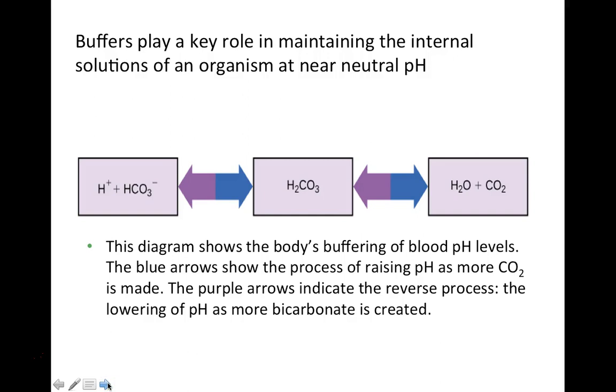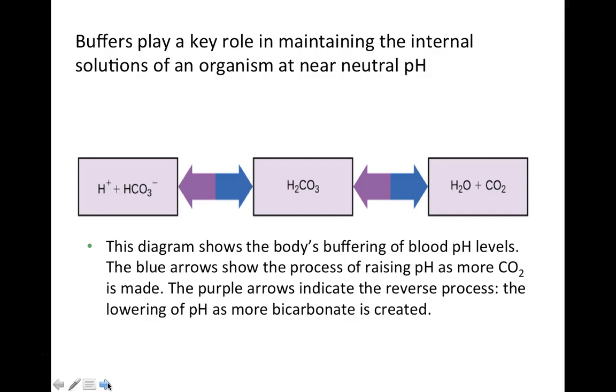Substances called buffers are important in biological systems because buffers help to moderate changes in pH. We have some very special types of buffers in our body that take advantage of the CO2 or carbon dioxide that builds up when our cells metabolize, when our structures in our body are growing and consuming food and producing waste products.